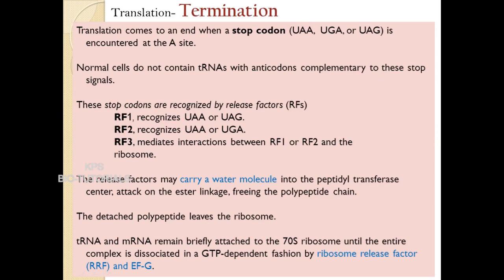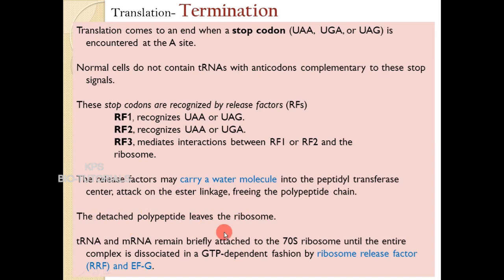It is believed that these release factors carry a water molecule into the peptidyl transferase center and attack the ester linkage between the amino acid chain and the tRNA, and thereby the polypeptide chain and the tRNA will be delinked, and the polypeptide chain is freed from the ribosome. The tRNA is also delinked from the polypeptide chain. This detached polypeptide chain leaves the ribosome.